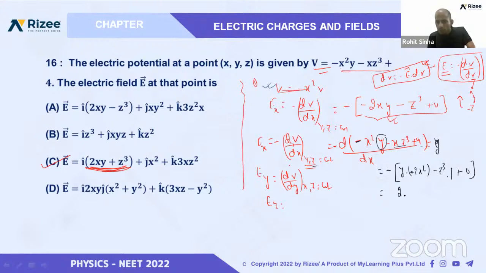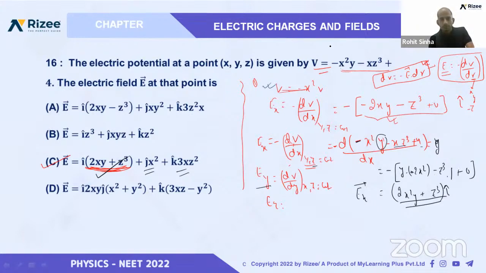We will get 2xy plus z cube. This is Ex, the x component of the electric field, that means I cap multiplied. We will check the option matching. Similarly, we will find Ey and Ez and get the same kind of value. Any problem? Or should I do all?